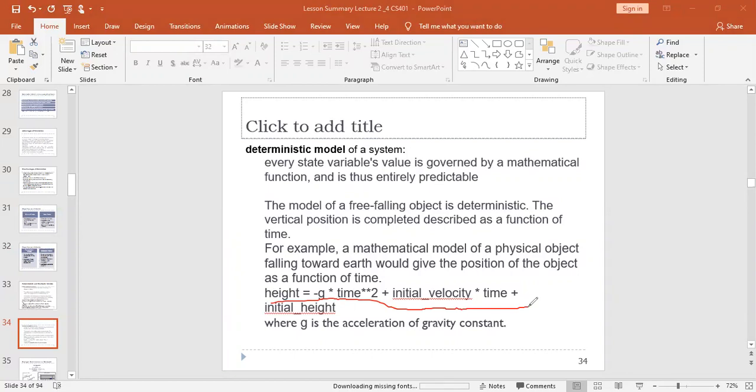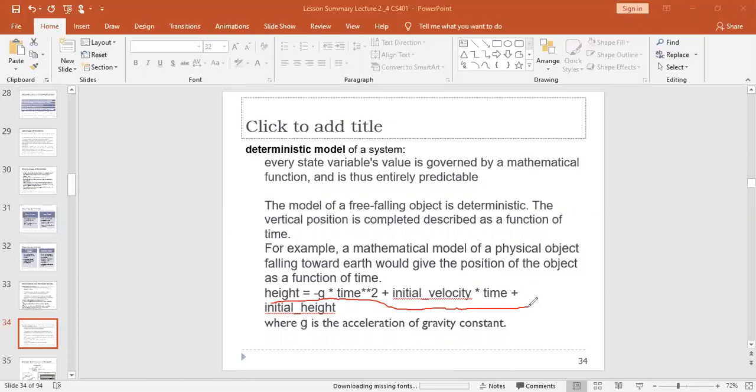It is a deterministic model. At the same time, because it depends on time, it is also time homogeneous, or what we call a dynamic system. So the model is deterministic, and it is also a dynamic system, because the height changes with time.